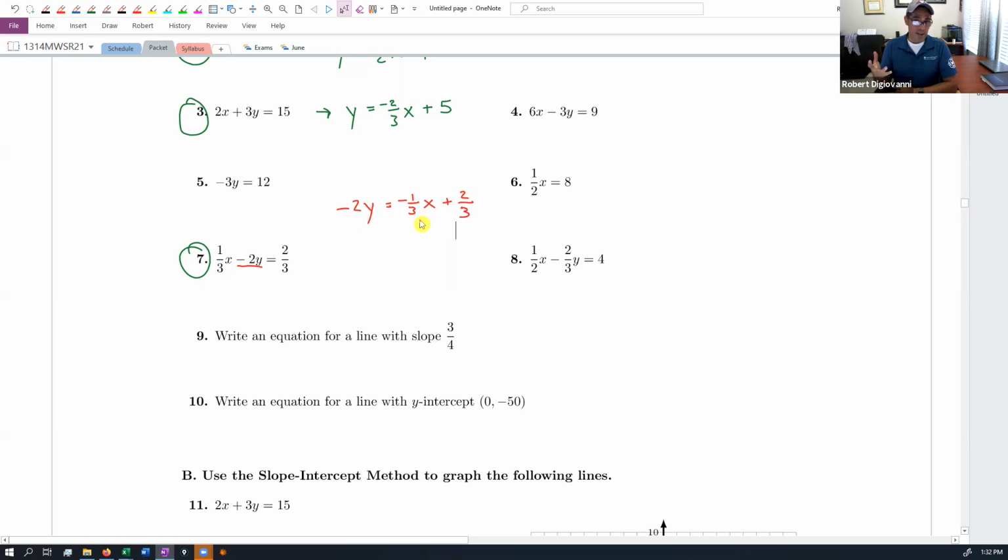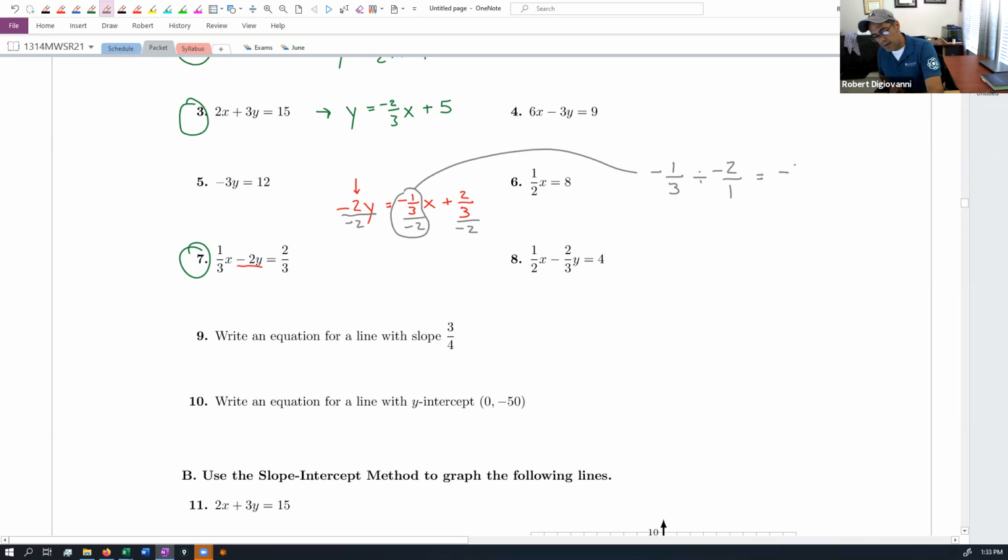The next step is the hard part, I think, because you have to divide everything by -2 to get this -2 out of here. So you could do that. You could come in here and say, divide this by -2, divide that by -2, divide that by -2. But if you do it that way, you just need to realize that this really means -1/3 divided by -2/1, and then do your keep dot flip.